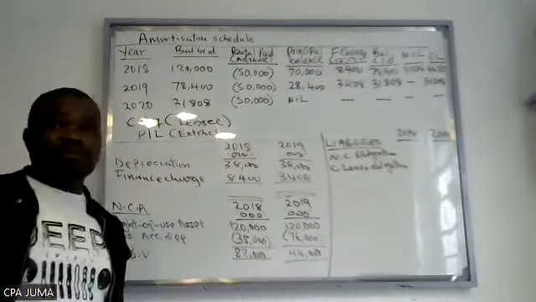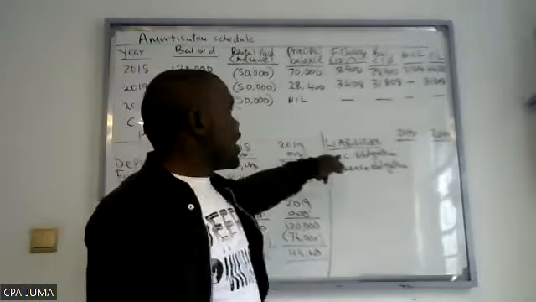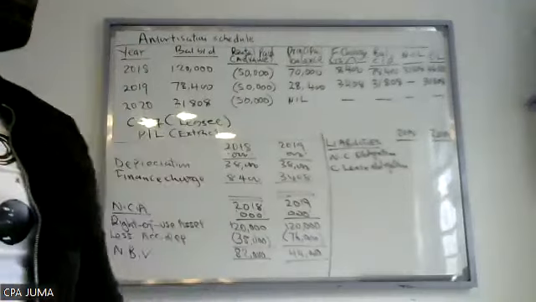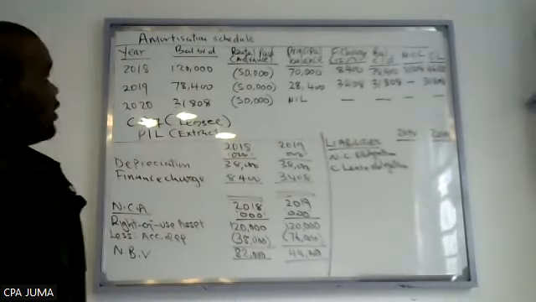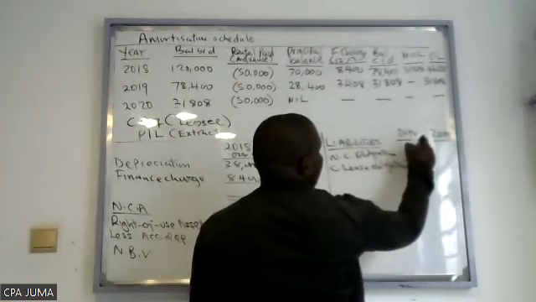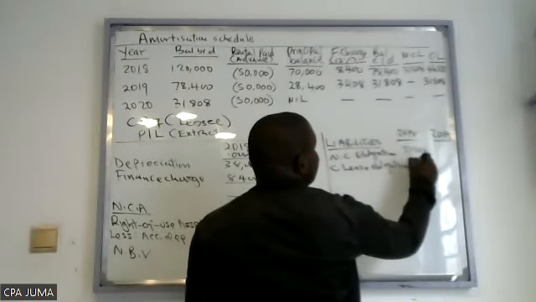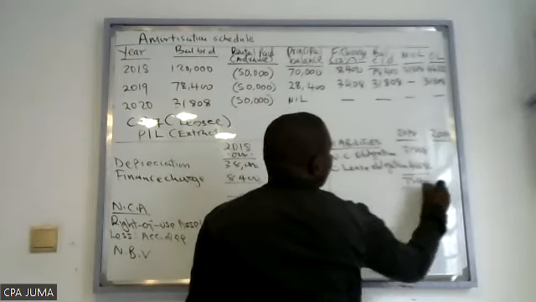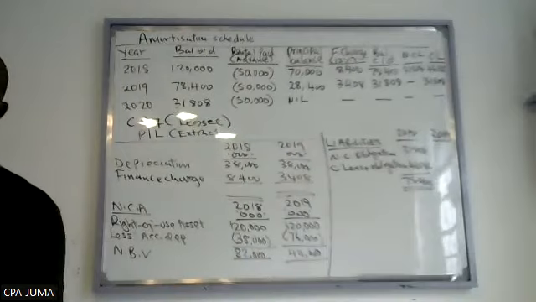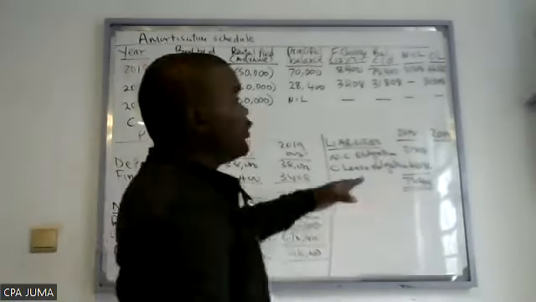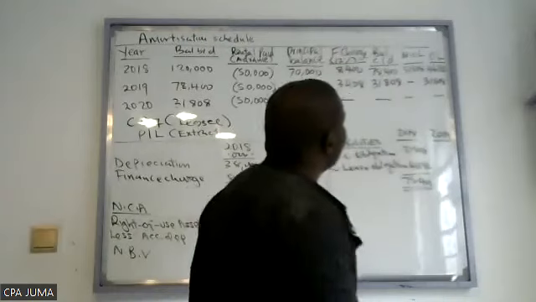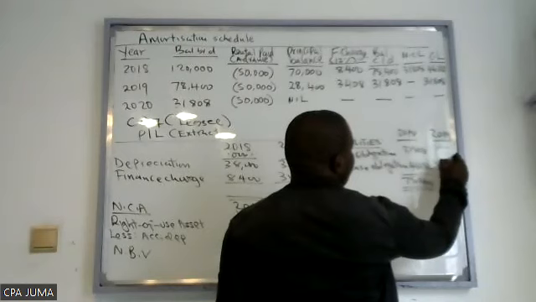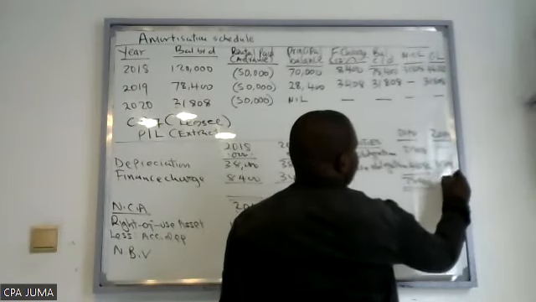I'm writing in short because of space, but you write them in full. And we have everything up here: 31,808, 46,592, 78,400, from this table here. Then 2019, there is no long term, 31,808, 31,808.